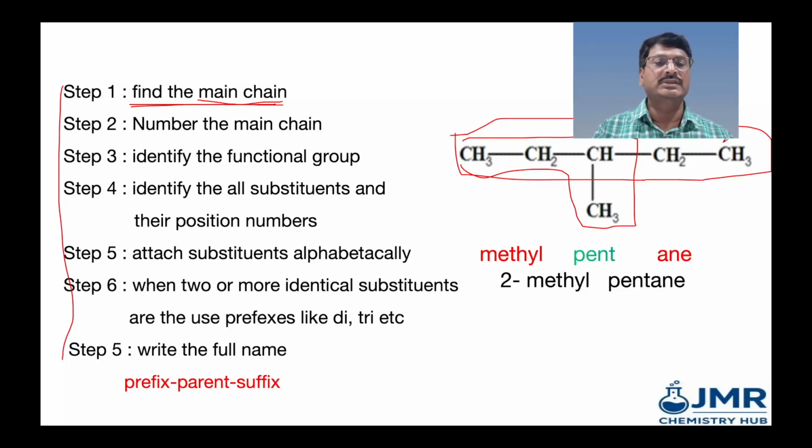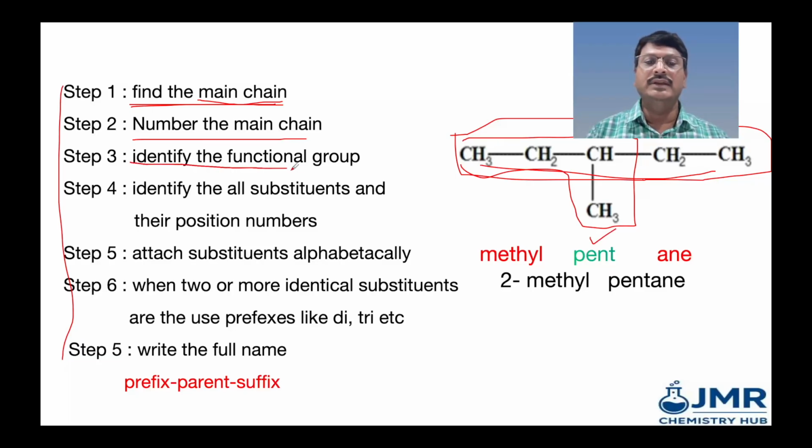You have to search multiple ways to find the longest continuous chain. So the longest continuous chain here has 5 carbons. After that you have to find the number of carbons in the longest continuous chain, which is 5. According to that you have to give the root word. And after that, identify the functional groups.